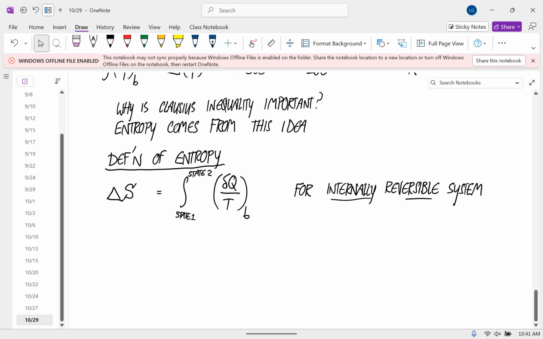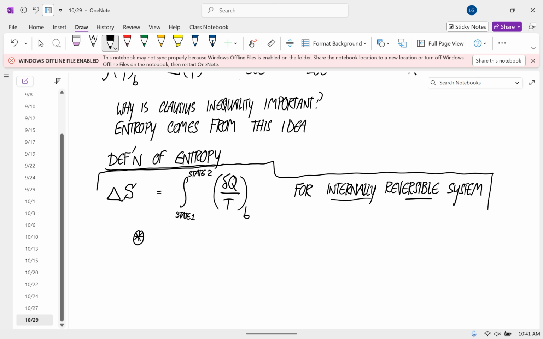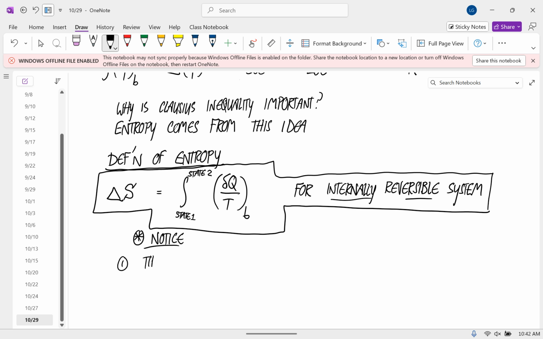So, two things to notice about this. I guess let's box this. This is important. And the two things to notice are, first of all, this definition doesn't work for actual systems.